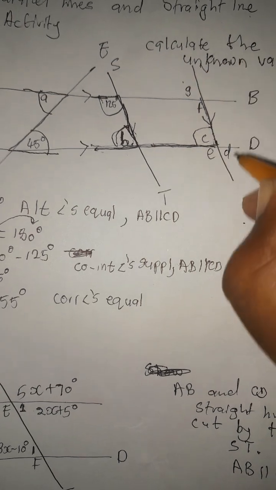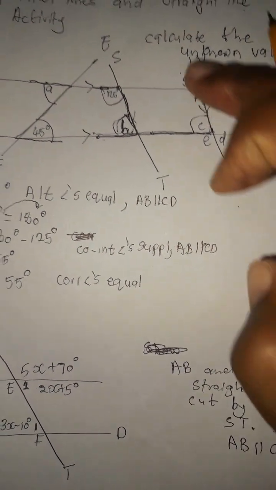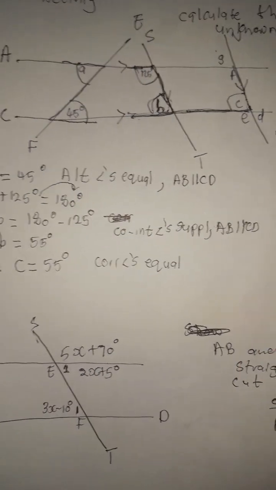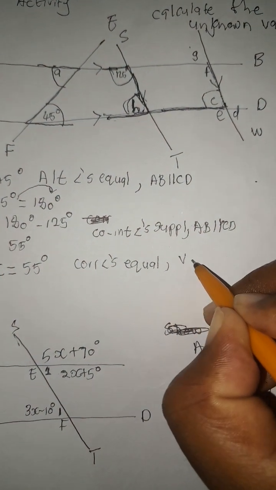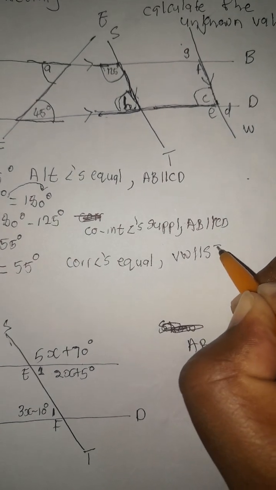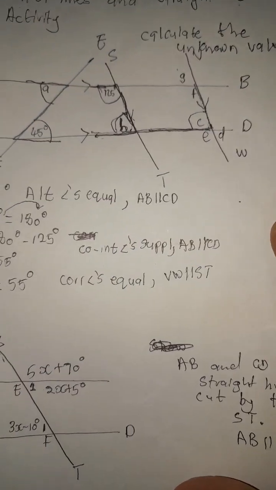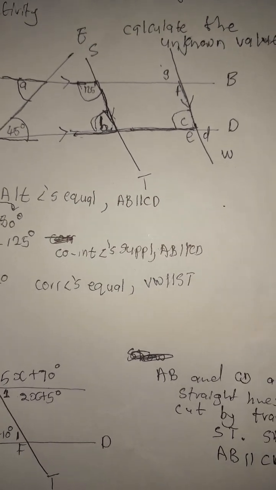This is supposed to be V and this is supposed to be W. Sorry for that. So in other words, put your parallel lines: VW parallel to ST, or ST parallel to VW, right? I hope you're getting it.